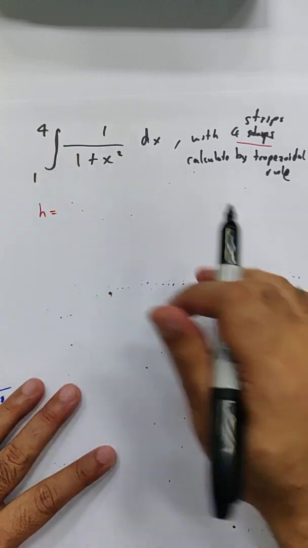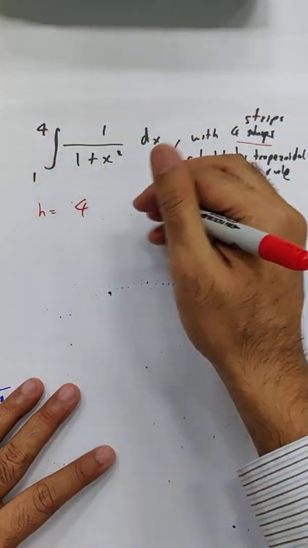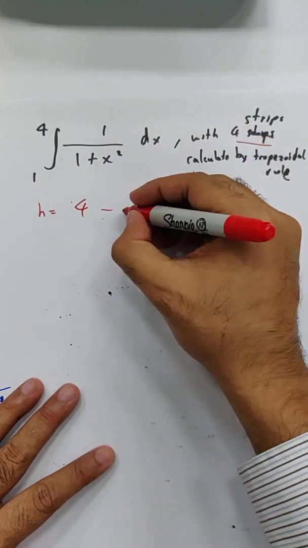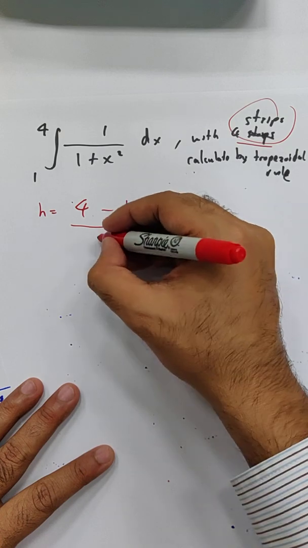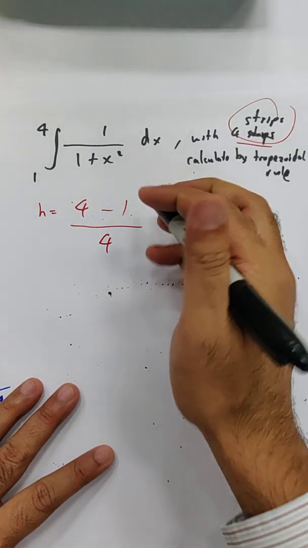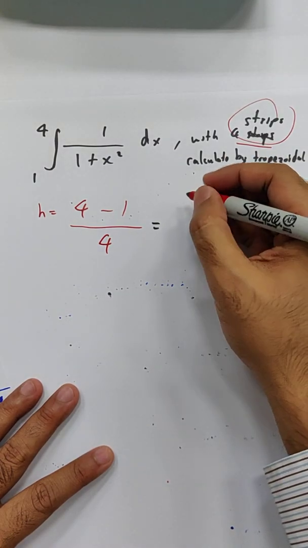So max is 4 minus 1 over 4 strips. So you get yourself 3 over 4.